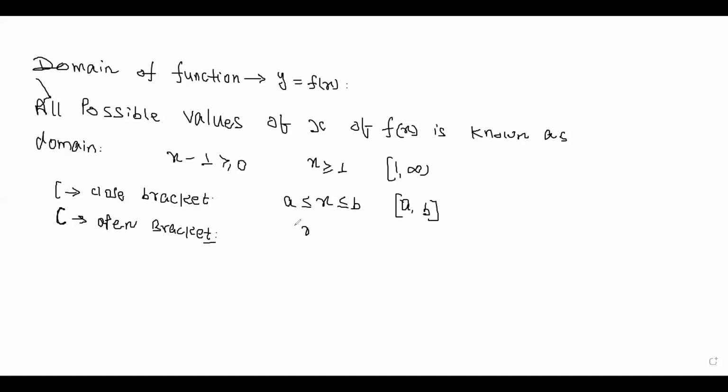If you take x greater than equal to a but only less than b, then for a you will use closed bracket and for b you will use open bracket. If you take a less than x less than equal to b, then a will be in open bracket and b in closed bracket.